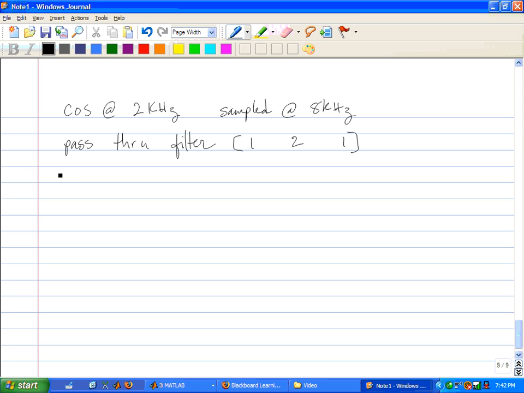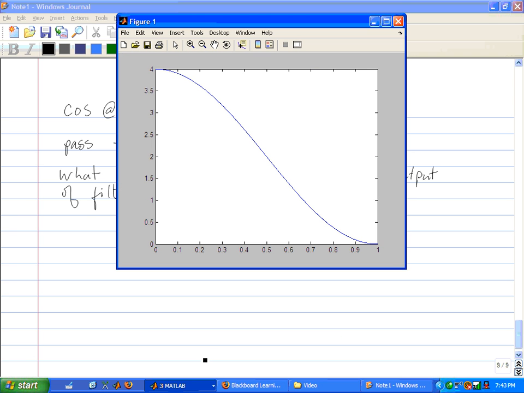The question is, what is the amplitude of the signal at the output of the filter? This draws a little bit on what we learned last week and a little bit on what we learned this week. So any suggestions on how we might proceed?